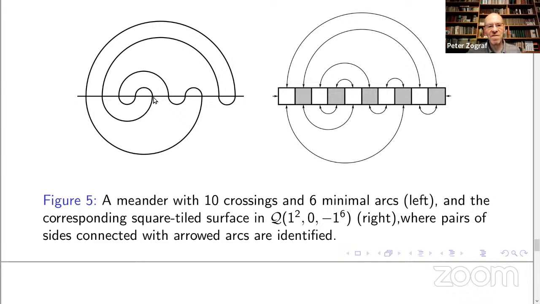There are 5 of them, 1, 2, 3, 4, 5 minimal arcs that are finite, and there is one minimal arc at infinity. So that's the arc number 6.